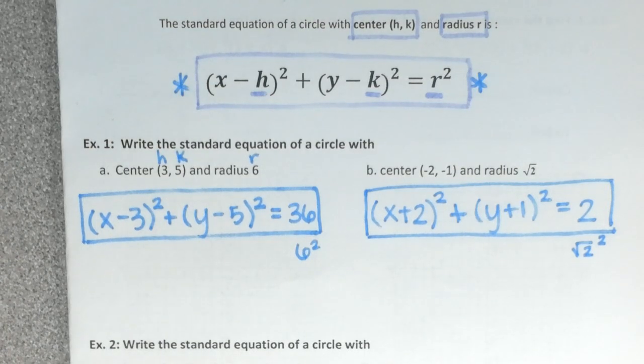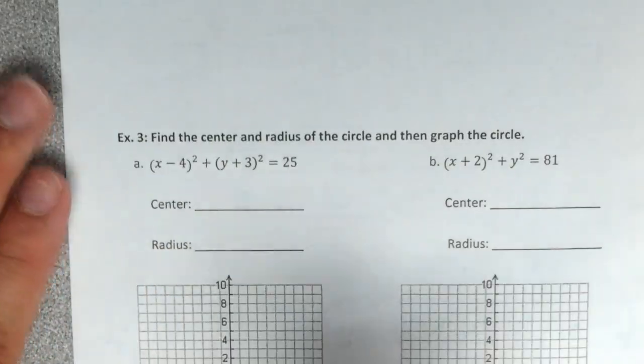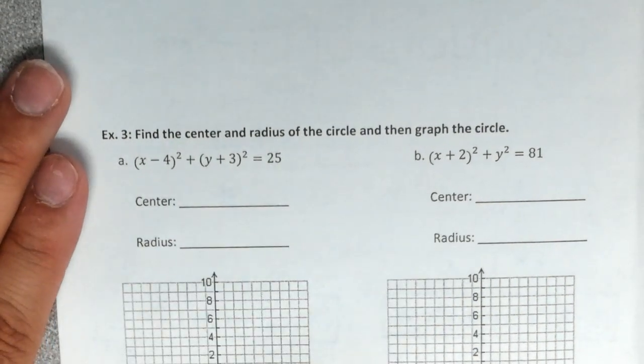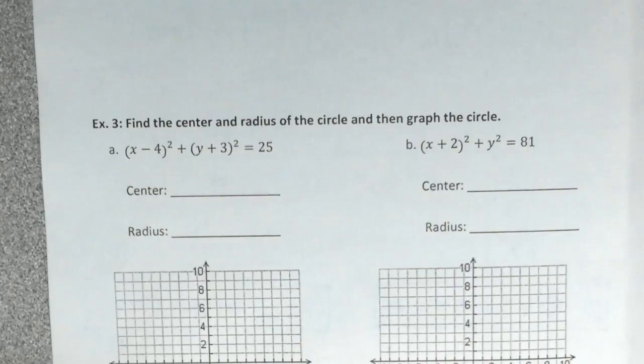All right, open your paper up. We're now going to go backwards. I want you to look at example 3. What if I give you the equation? Can you find the center?